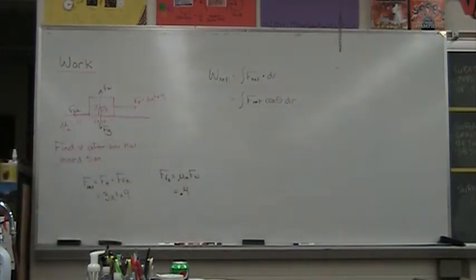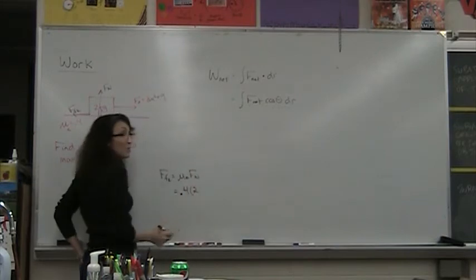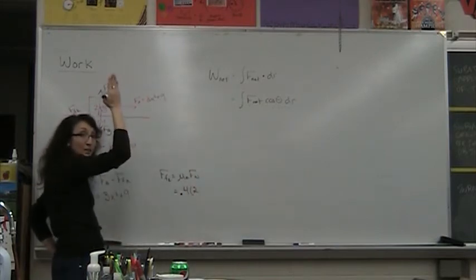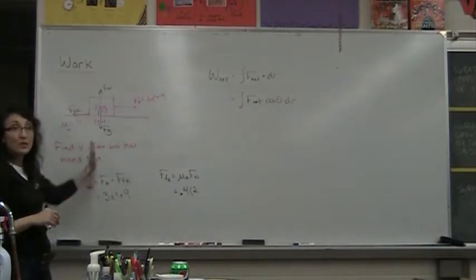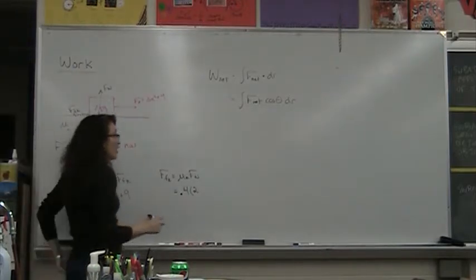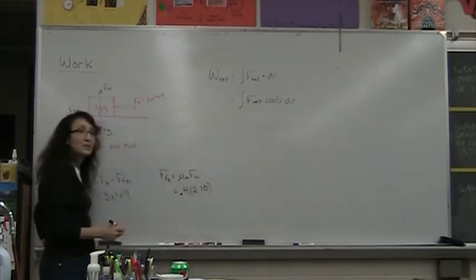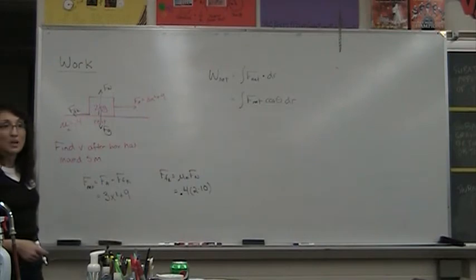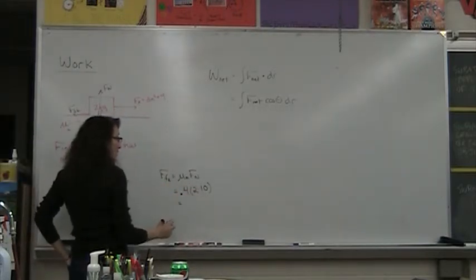And what is my Fn? 2g, because it's equal to gravity in y. There's nothing else pulling it up. It's not moving, it's in equilibrium in this direction, right? On the AP exam, you can always use 10 for g, so keep your math simple, you don't have to use 9.8. In fact, on multiple choice you should be using 10 because you don't have a calculator. So what does our friction come out to be?